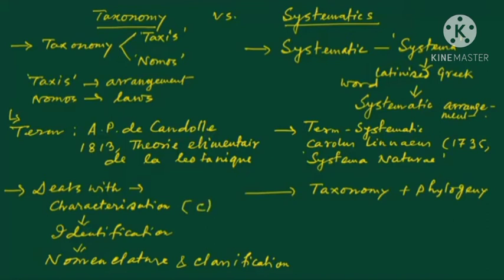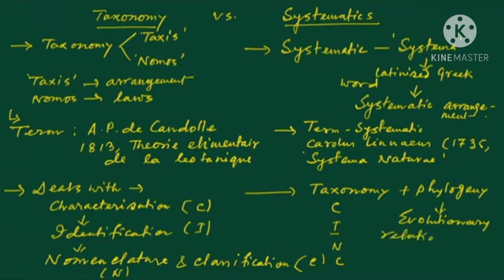Taxonomy deals with characterization, identification, nomenclature, and classification, and phylogeny deals with the evolutionary relationship of an organism.